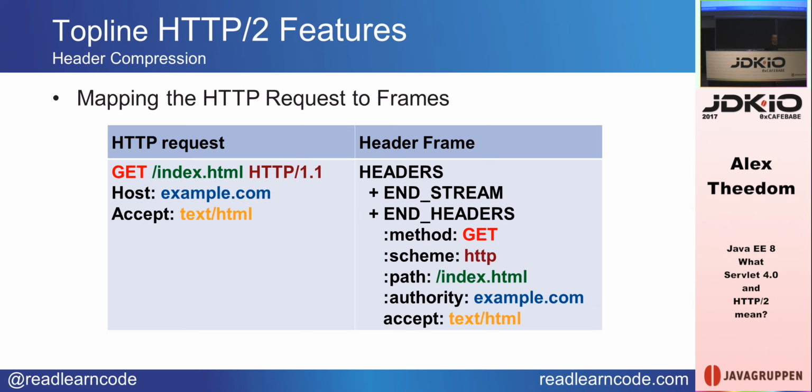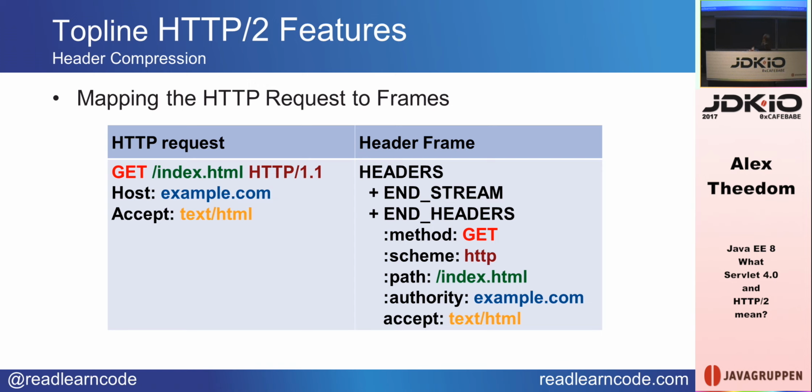So let's have a look at header compression. Now, let's start by mapping the traditional HTTP request with what a header frame looks like. And this on the left, you can see, is a very simple representation of an HTTP request. You've got a GET request to an index HTML page.